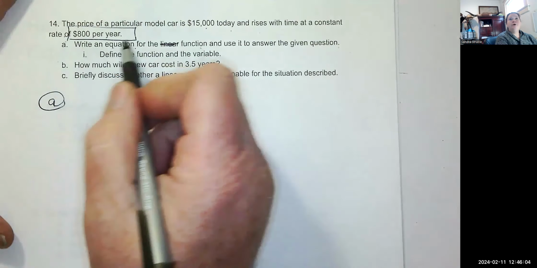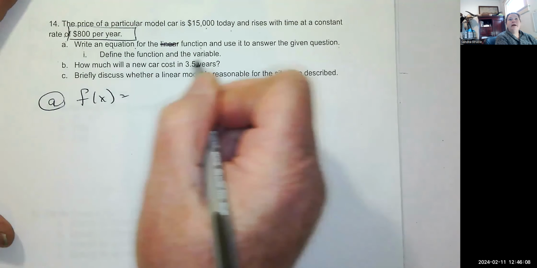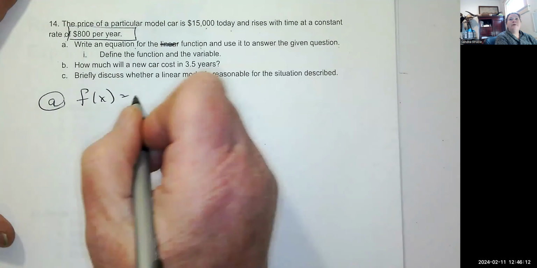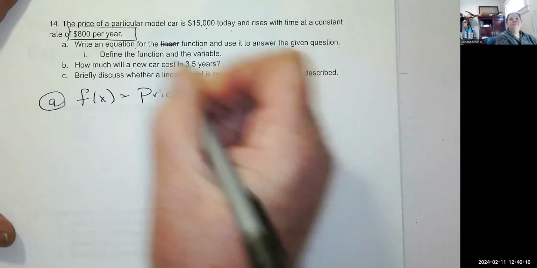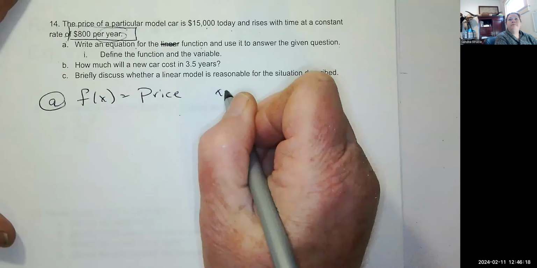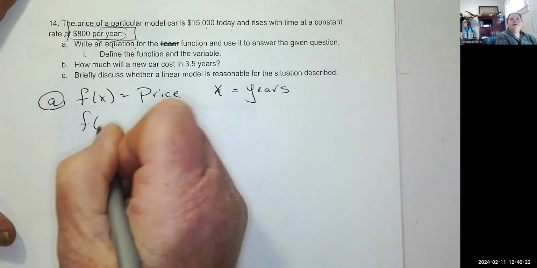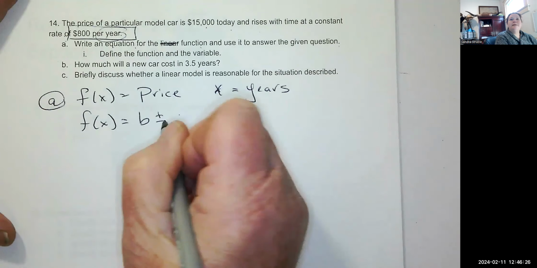Okay, so f of x, we need to define our function and the variables. The price of a particular model car, so f of x is the price, and x is going to be the years. I'm going to write b plus or minus mx.